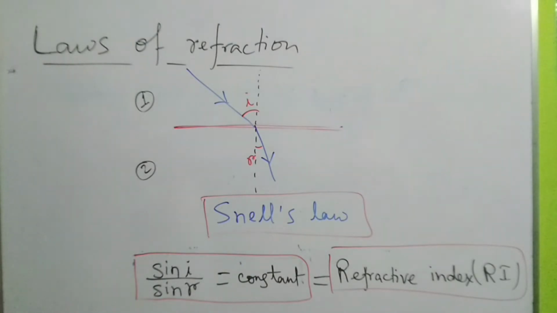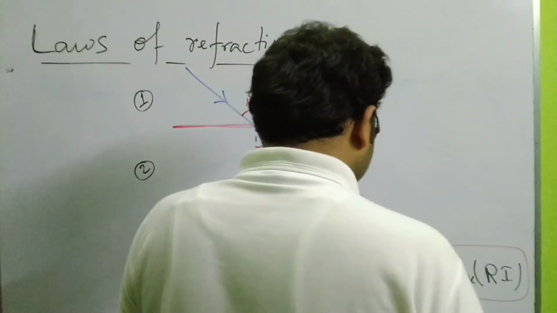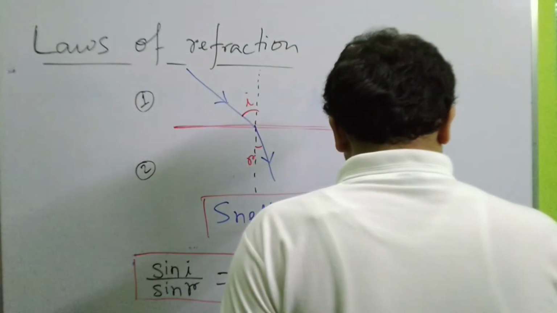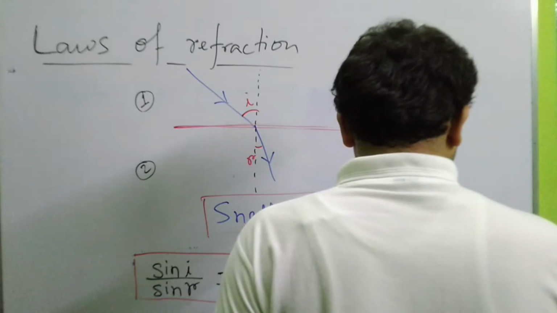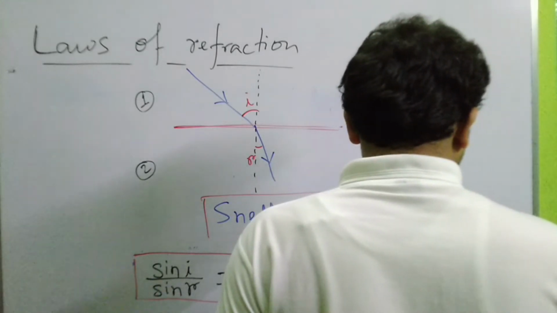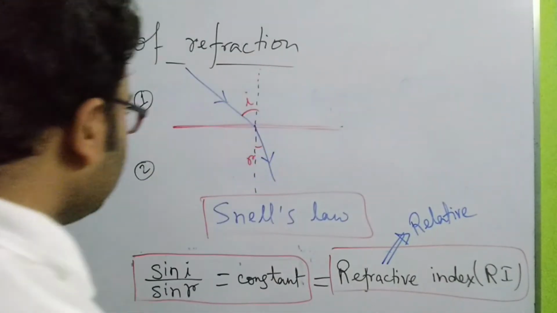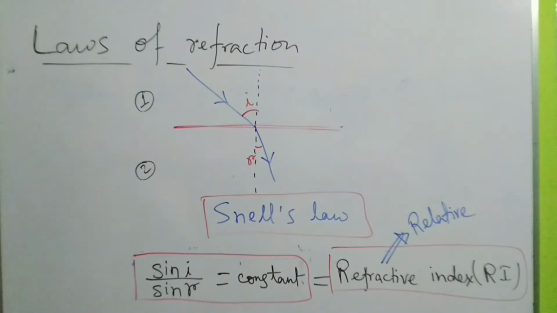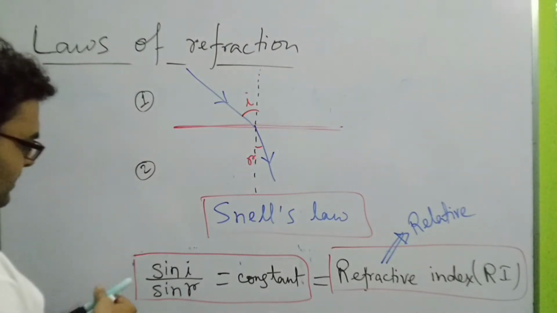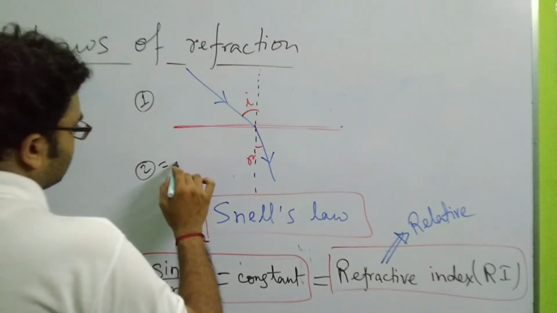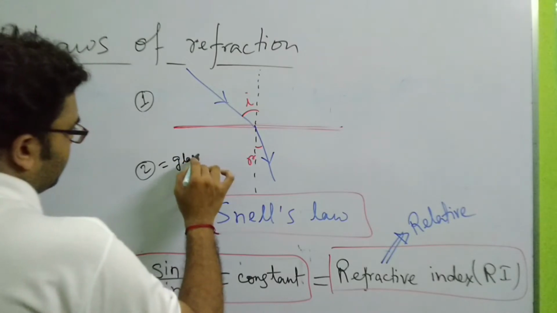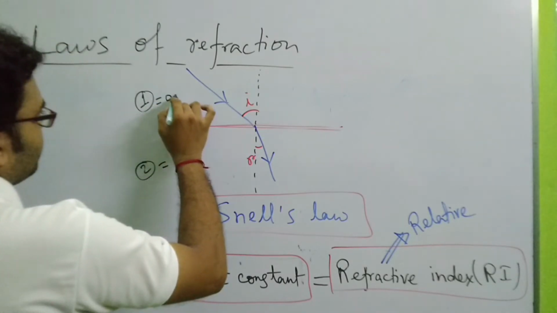Now you have learned here the refractive index. We can refer to this refractive index as relative refractive index. Why relative? See, if I consider that the refraction is taking place from medium 1 to 2, and say medium 2 is glass and medium 1 is air for the first case.